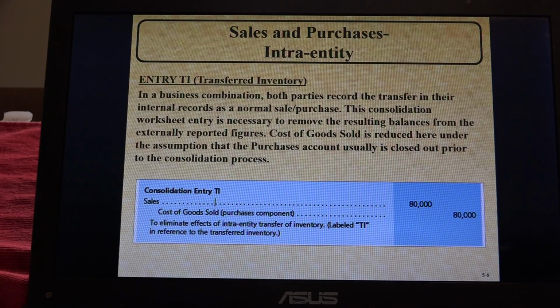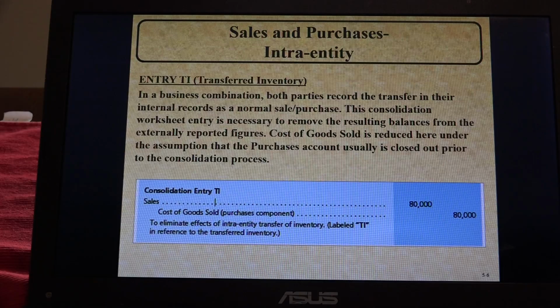Now, what's missing still? Well, we still have stuff sitting in inventory of the buyer. And that stuff is sitting in, using their example here of 80,000, let's say it's all still in at the end of the period. They haven't sold to any outsiders yet. What's still left after this entry is the inventory, and it's in the ending inventory of the buyer at this jacked up price.